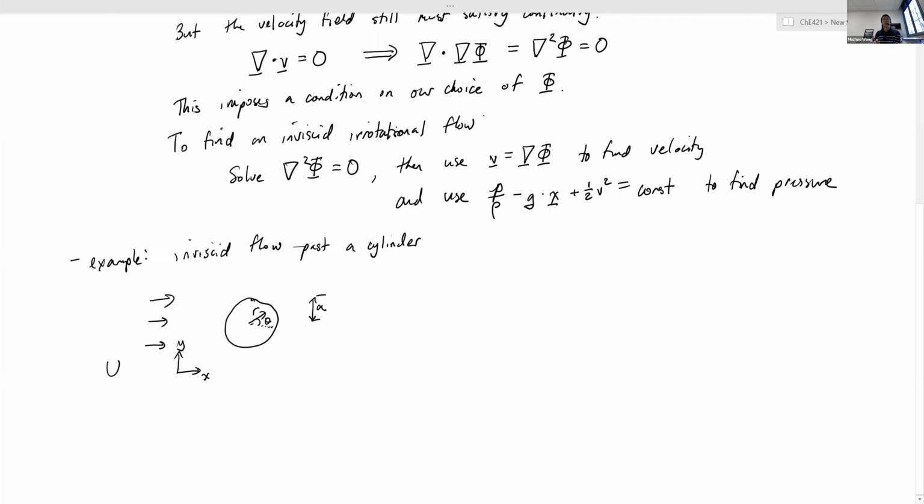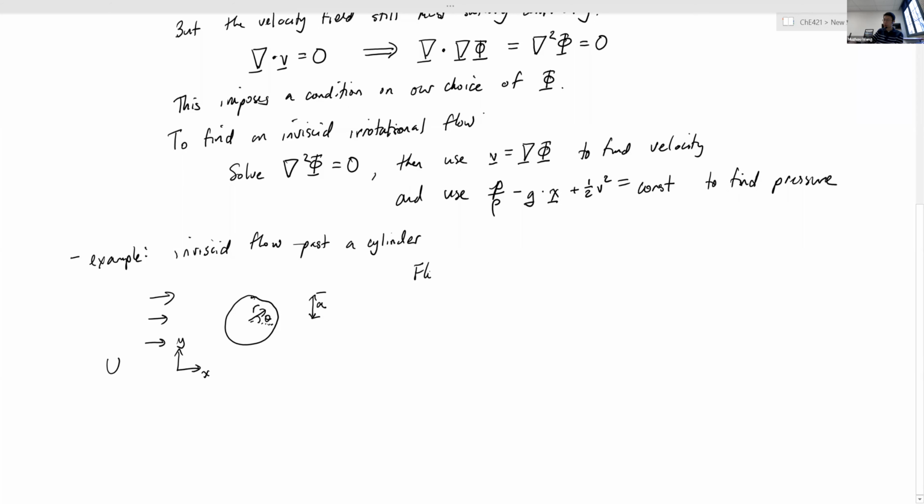Okay. And so what we know is that the flow at r goes to infinity, that is that, right?